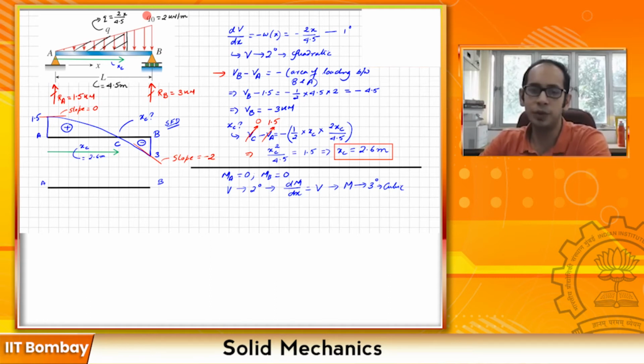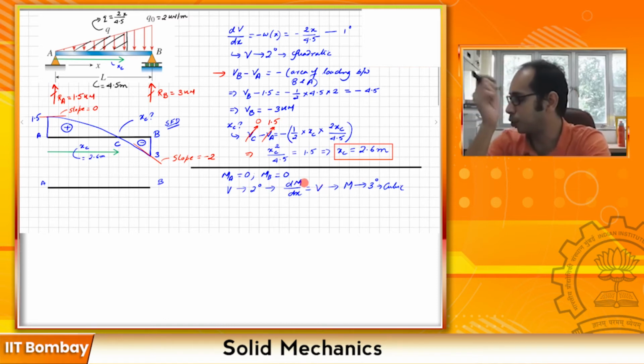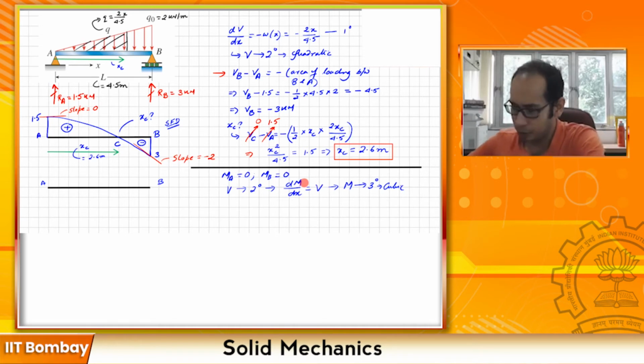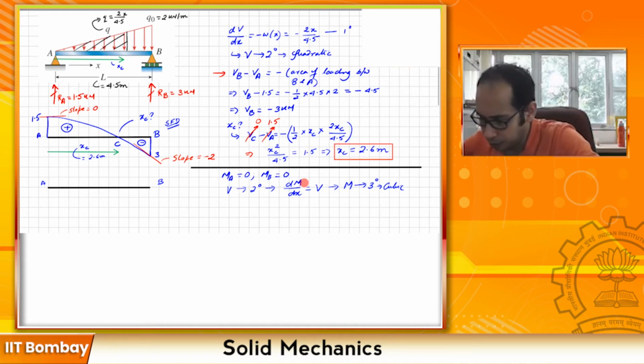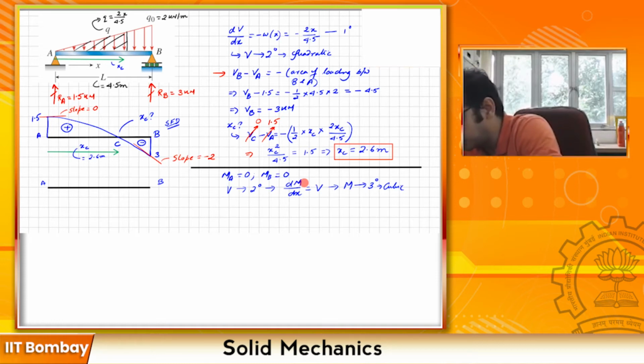And also, can you guess where the maximum moment is going to happen? Yes, you're right, the maximum is going to happen where the shear is 0, because from this relationship, where the shear equals 0, you are going to get the maxima at that particular point. Let's just mark the ordinate as well, so that it serves as a good guideline while we are drawing these problems.